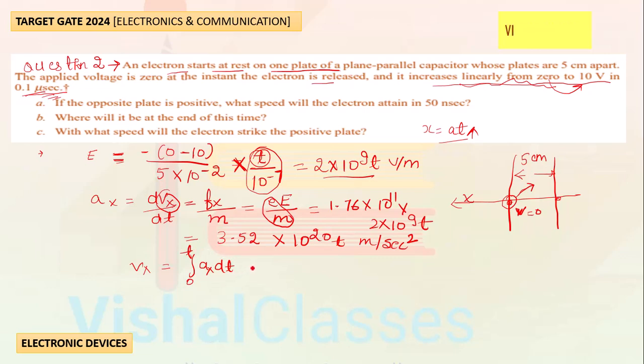The acceleration is 3.52 into 10 raised to power 20 t, and when you integrate, it comes out to be t square by 2. This is the value of velocity.